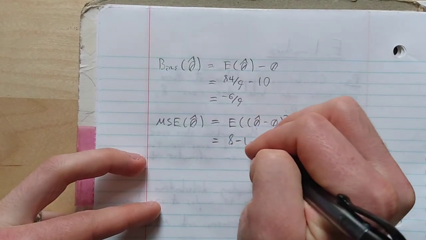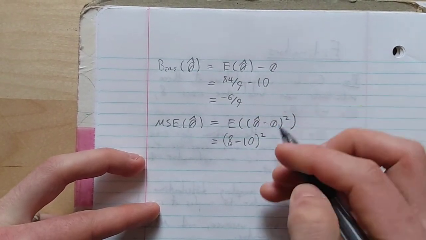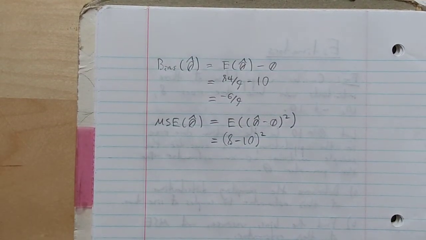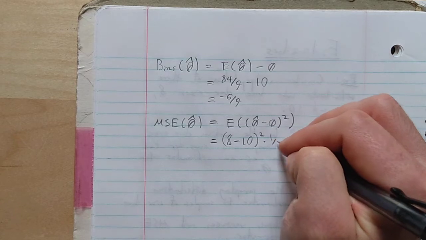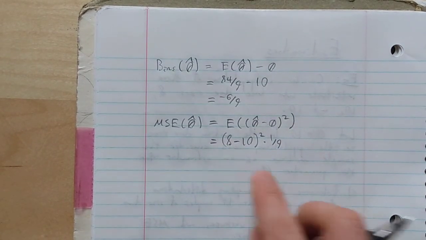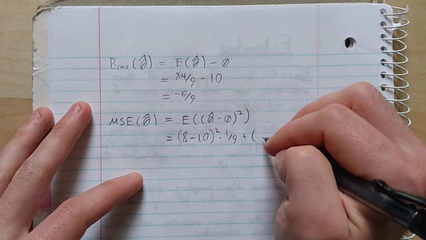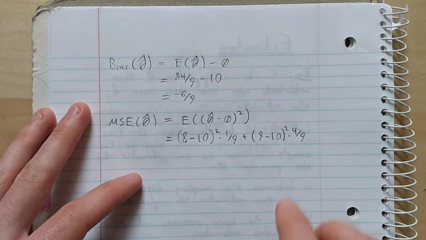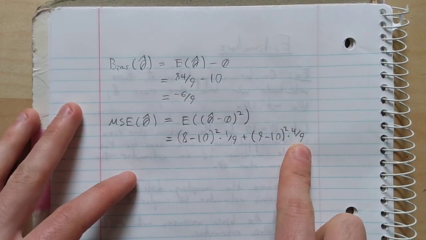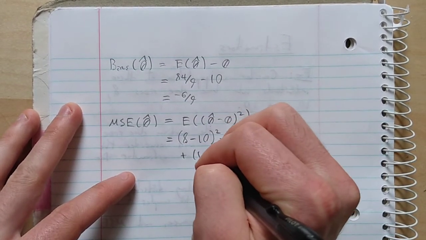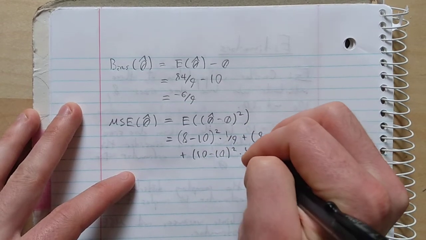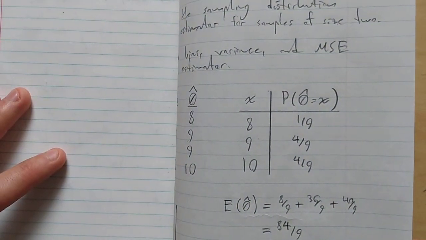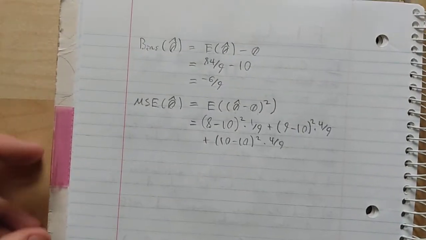So I've got 8 minus 10, this 10 being the real value of theta, the parameter I'm estimating, the median shoe size in the population, squared, times 1/9, the probability of getting the 8, plus 9 minus 10 squared times 4/9, because the probability that theta hat comes out to 9 is 4/9, plus 10 minus 10 squared times 4/9. Just confirming those are the right probabilities. That's what I remember: 1/9, 4/9, 4/9 for 8, 9, and 10.